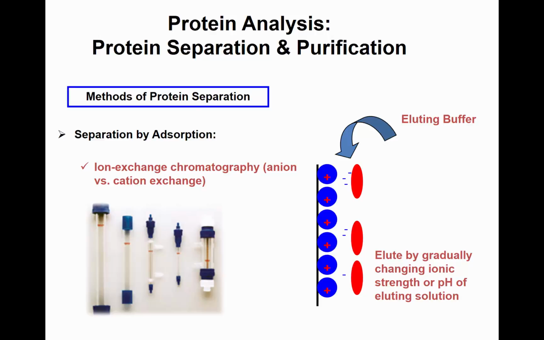Just a quick check of knowledge here. If your protein has an isoelectric point of 5.5, what would be its charge at pH 7? Would it be positively charged, negatively charged?